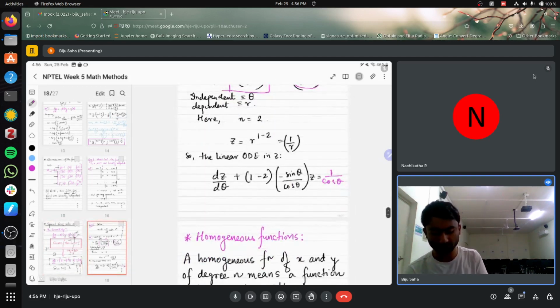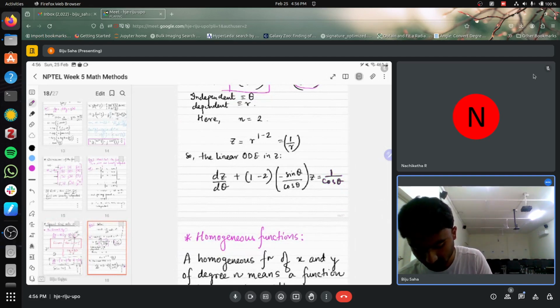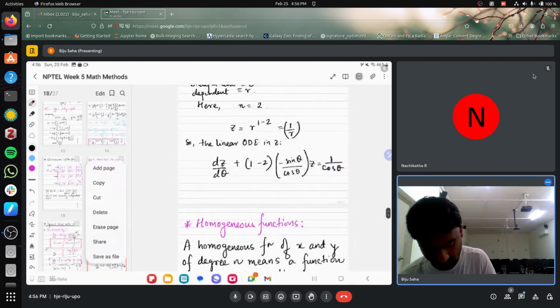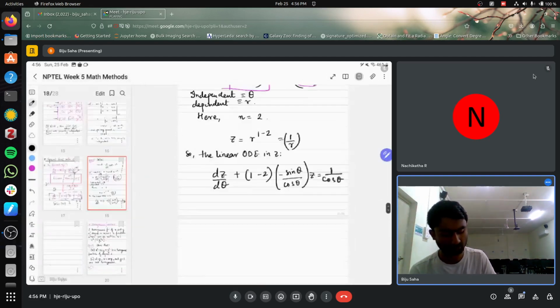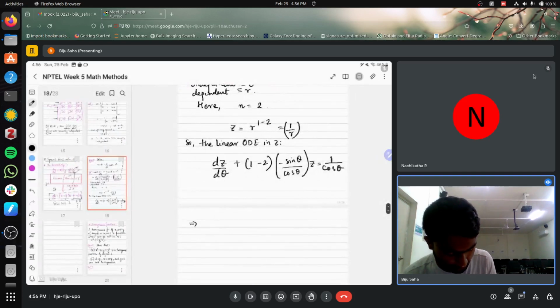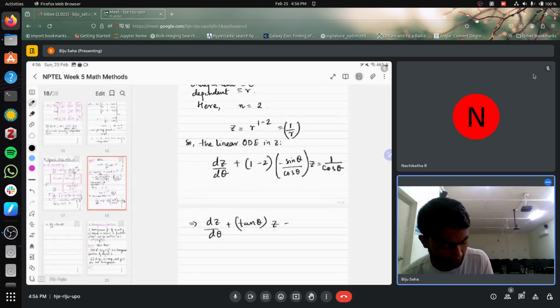So from here what you see, let me rewrite this particular equation in a simpler way. So it would be like plus tan theta z equals sec theta.